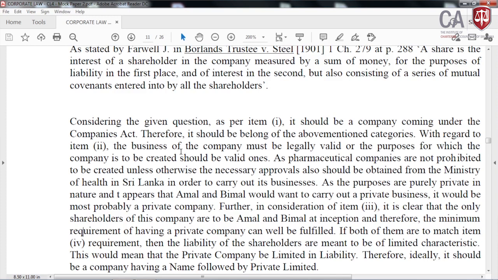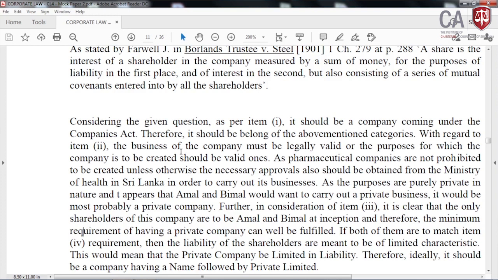Only the companies that are permitted under our Act could be created by Amal and Bimal. Therefore, it should belong to one of the aforementioned categories that I explained to you: private, public, or guarantee, and being limited, unlimited, or guarantee.